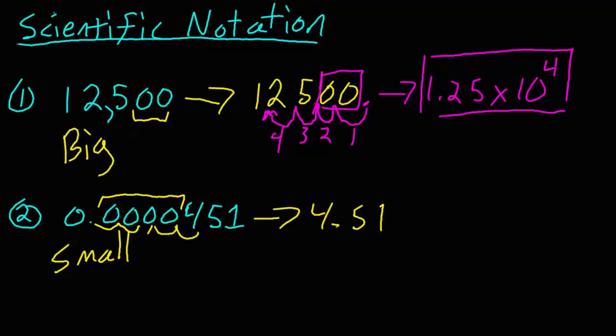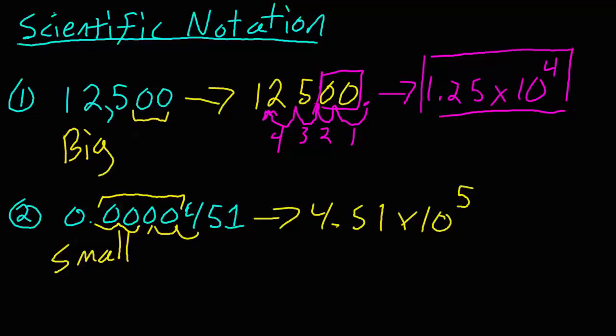And like we said before, we can't just move the decimal point without accounting for it, without showing that we moved it somehow. So we're going to do that with times 10. And we're going to, again, put an exponent up here that represents how many spaces we moved it. So we moved it 1, 2, 3, 4, 5 spots again. 5 spots, moved it 4 spots the first time.